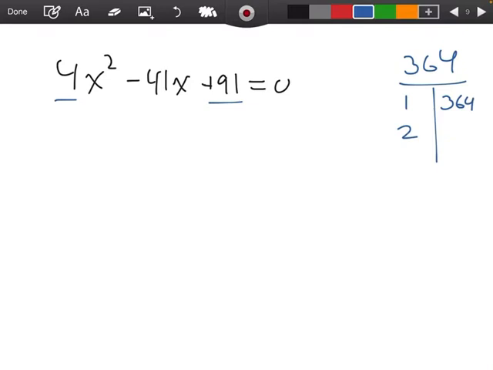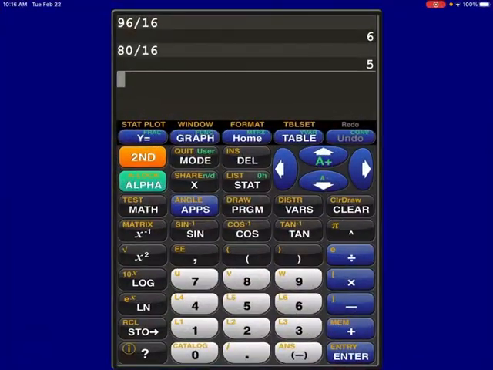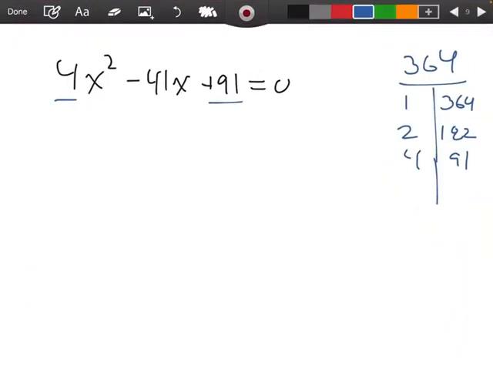Let's keep playing this game here. So that 4 will go into 364 something like 182 times. I'm trying to break down the number 91, y'all. So 91, can I divide it by 7? Yeah. Okay, so 7 goes in there too.